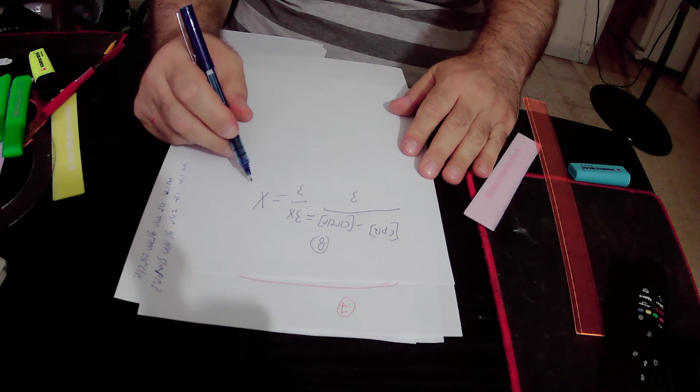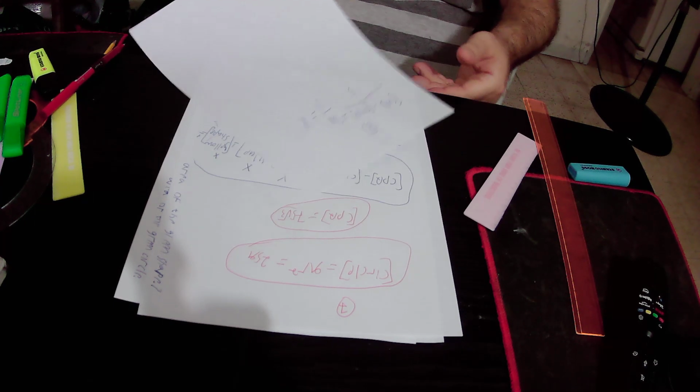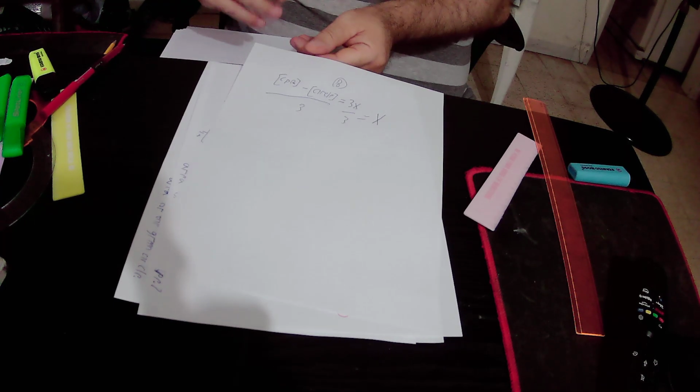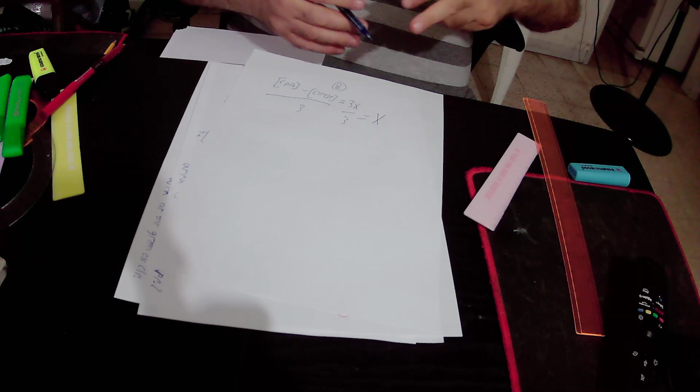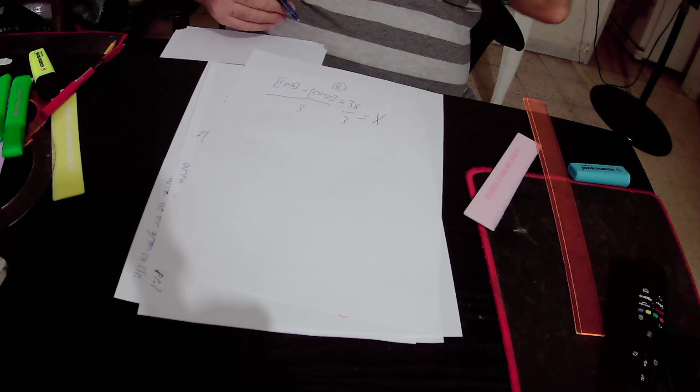So the area of triangle CPQ minus the area of the circle, over 3, equals x, that is the area of the green shape.